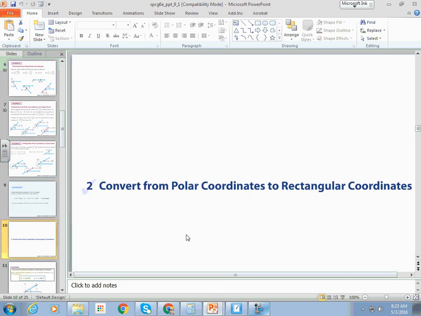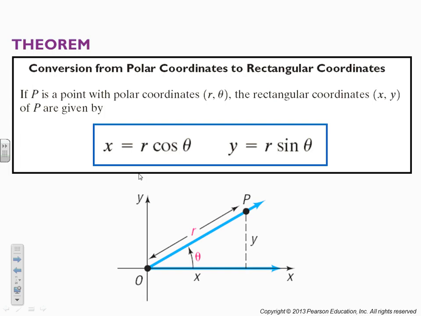All right, our next learning objective is to convert from polar coordinates to rectangular coordinates. The formulas we use to convert from polar to rectangular are x equals r cosine theta and y equals r sine theta. These come from sine theta equals y over r and cosine theta equals x over r.